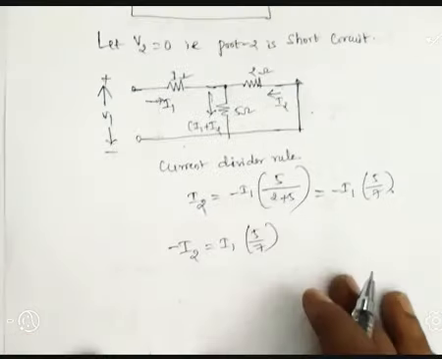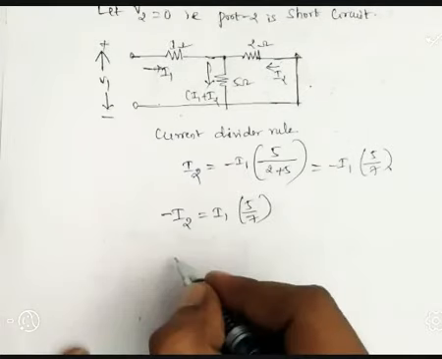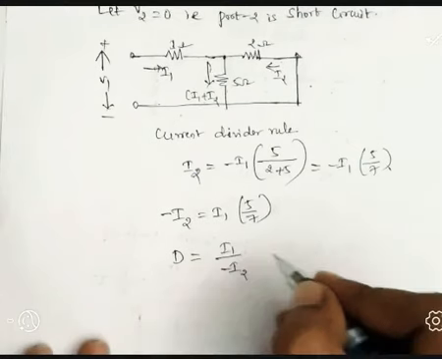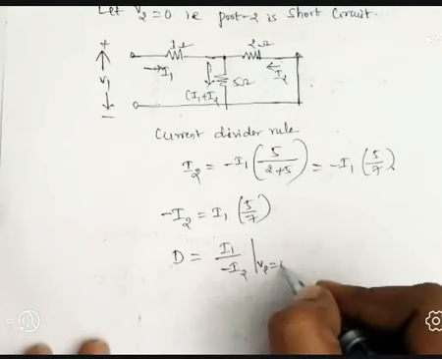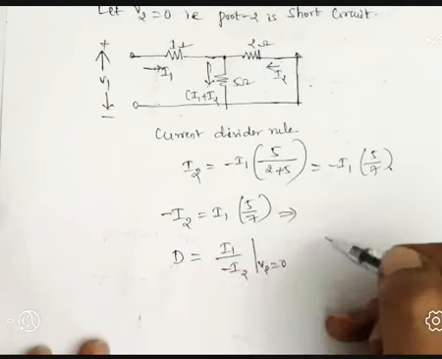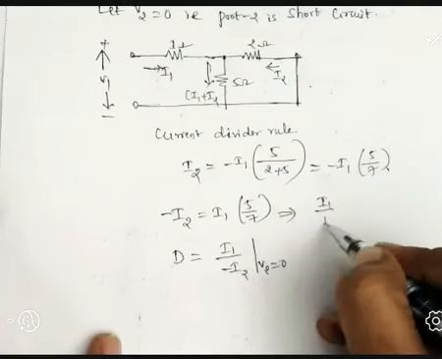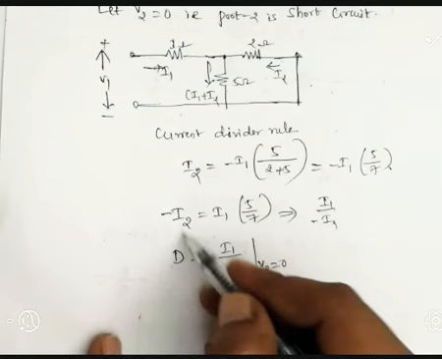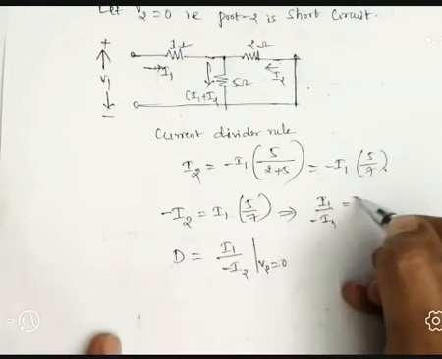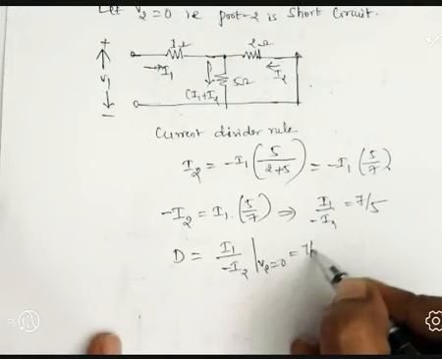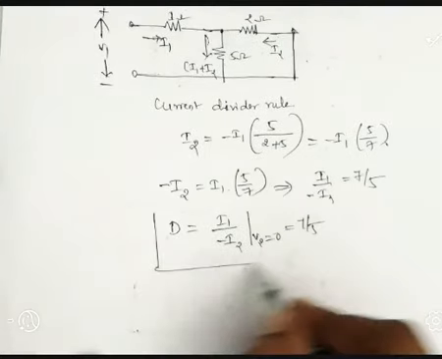Then we know the parameter D is I1 by minus I2 when V2 equal to 0. So rearrange, I1 by minus I2, take it toward this side. This becomes 7 by 5. Hence it is 7 by 5. The parameter D is calculated.